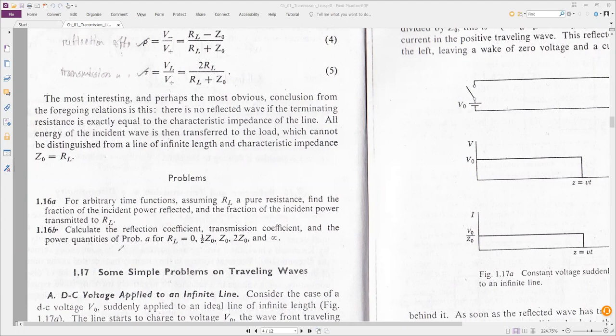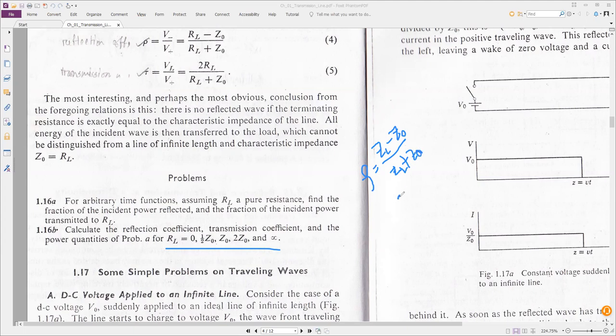We can calculate the reflection coefficient, transmission coefficient, and the power quantities. So what would be the reflection coefficient? The formula is ZL minus Z naught divided by ZL plus Z naught.